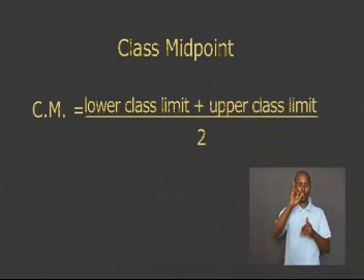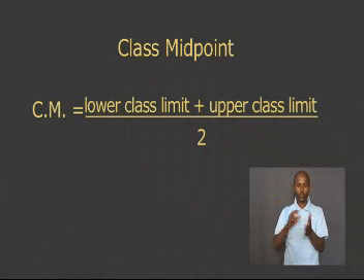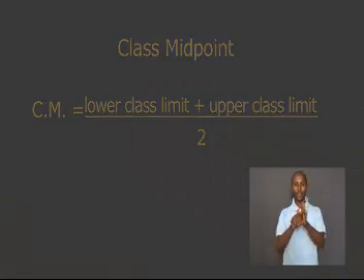Let us now learn about what is called the class mark or class midpoint. Using our example from the activity, the class midpoint for the third class is 8 plus 11 divided by 2.